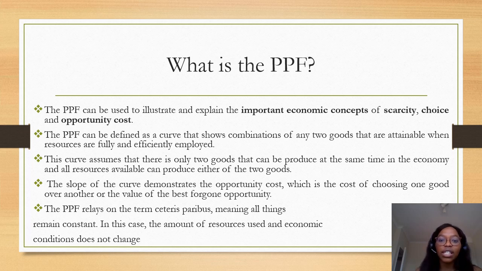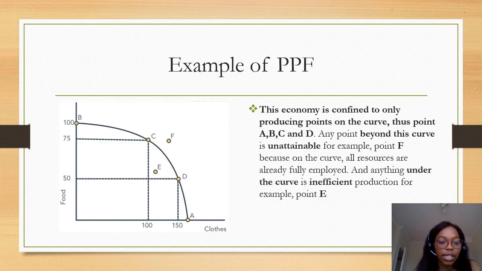So the curve itself shows you the possible combinations of the two goods that can be produced with the given resources in this economy. So let's look at it. This is how the PPF, the production possibility curve, looks.